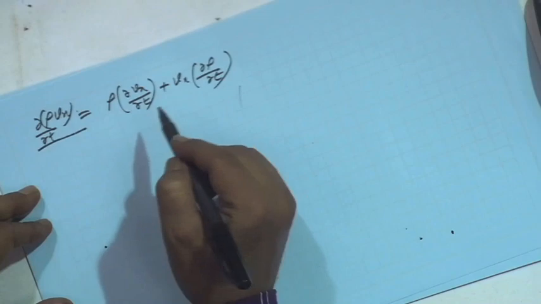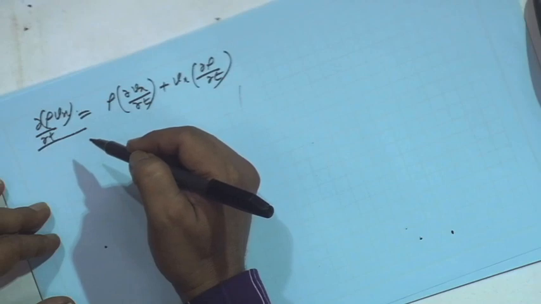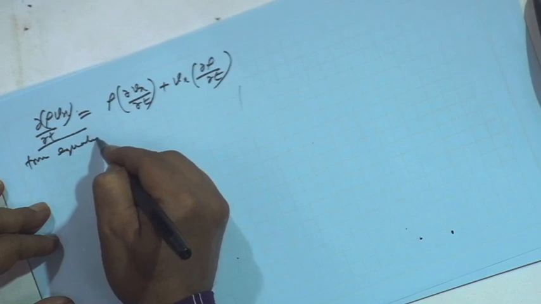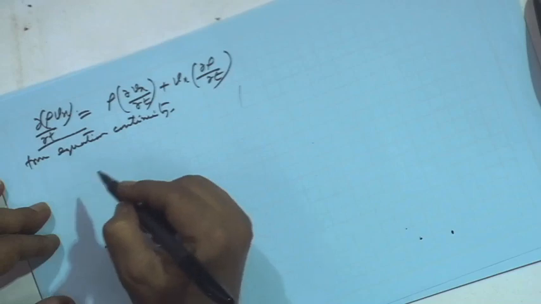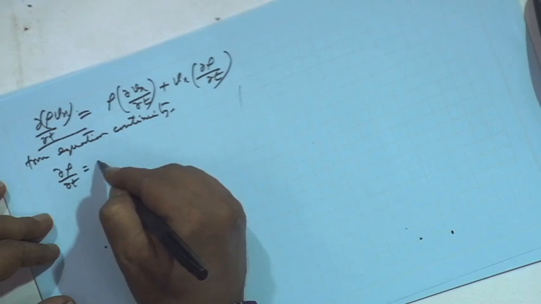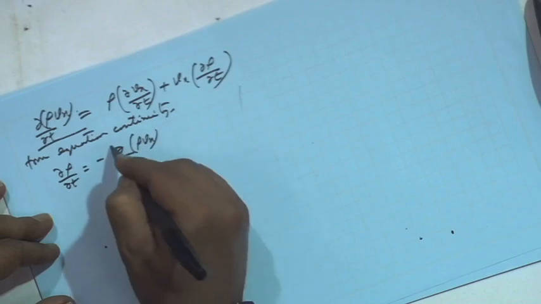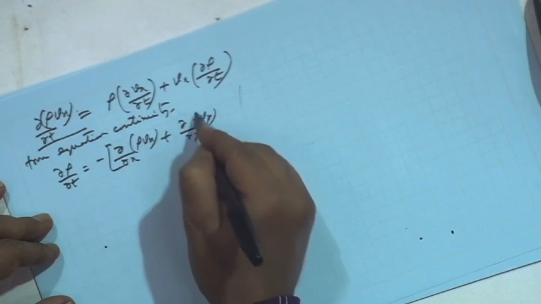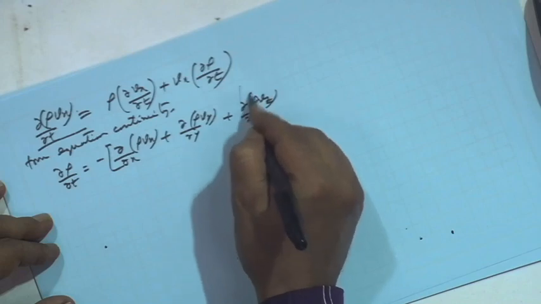Again this is on expansion of the product. So, from the equation of continuity we can write that ∂ρ/∂t equals minus ∂/∂x of ρv_x plus ∂/∂y of ρv_y plus ∂/∂z of ρv_z, right.